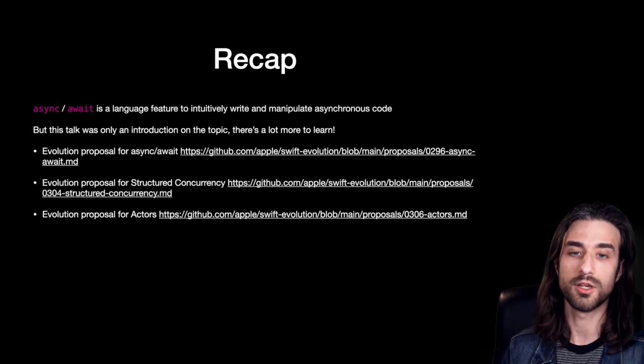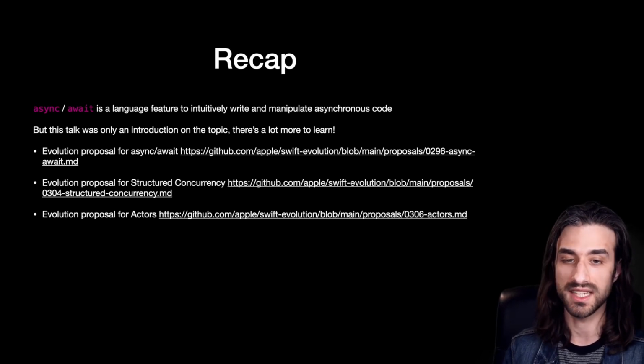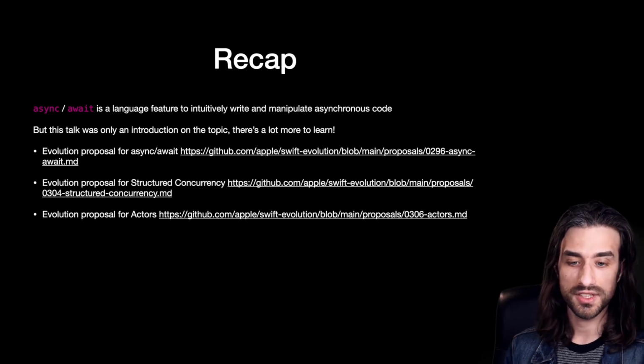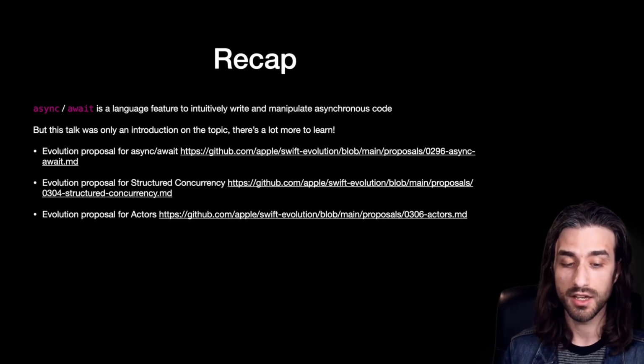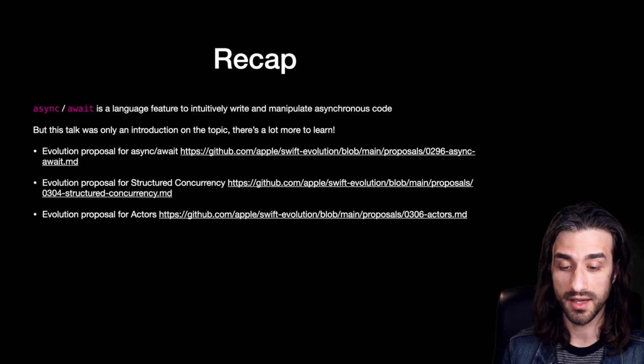Otherwise, we can create unexpected behavior with things like data races. So actors is a proposal that introduces new concepts in Swift that are going to allow us to easily protect our code against this issue of parallel code messing with our data. It's super interesting to read, and I can only encourage you to take a look at this proposal.